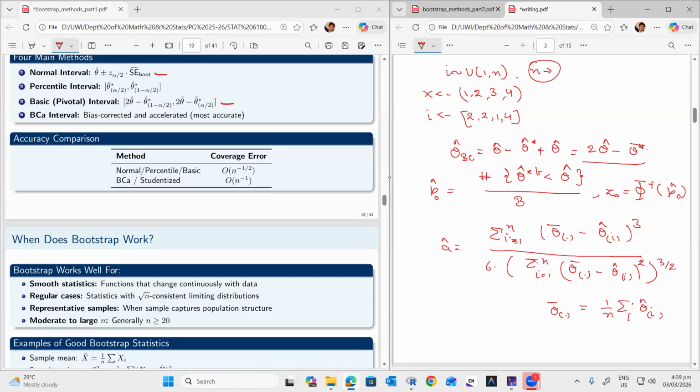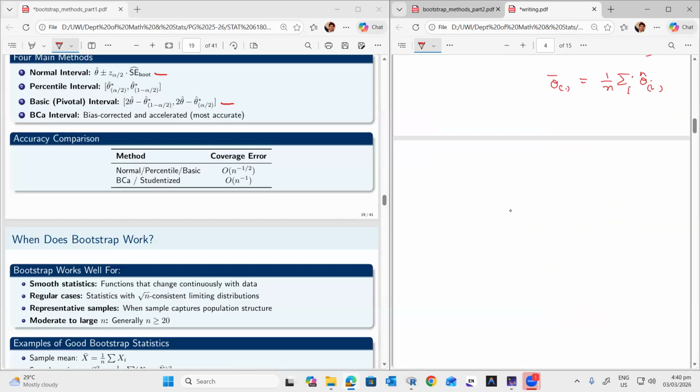Alright. So theta cap I are the jackknife leave-one-out estimates that basically come from your bootstrap sample. After that you need to calculate the adjusted probabilities, alpha 1 and alpha 2.